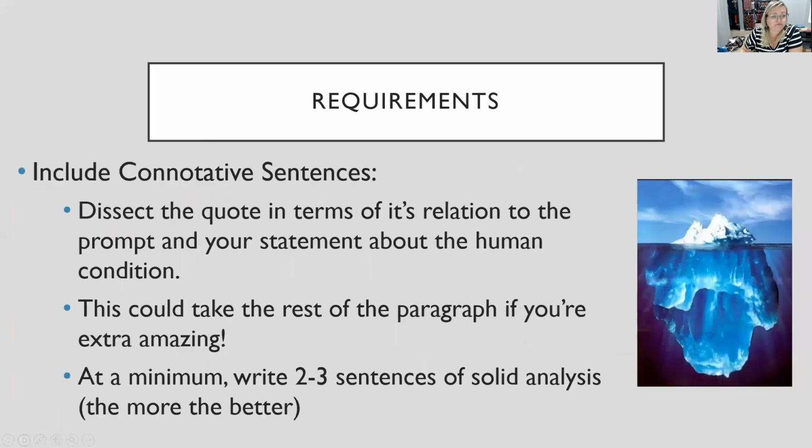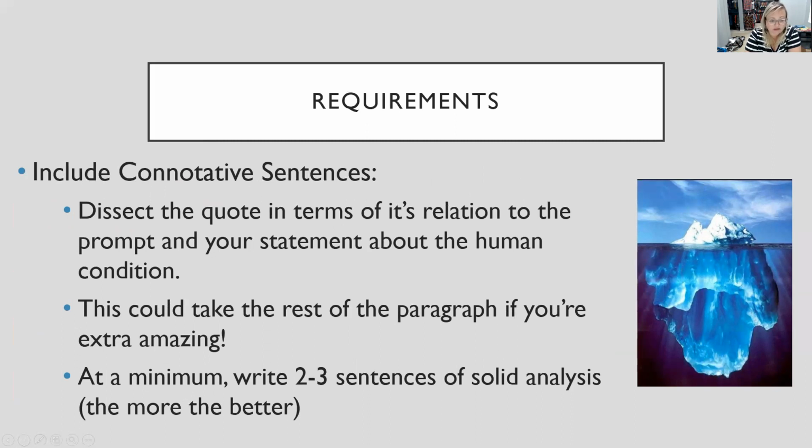All right. Connotative sentences. This is where the meat of your essay will be. If you look at the iceberg, that is everything down below. And that's what your paragraph is really going to look like. You've got a couple sentences up at the top, and then the rest of it is all going to be connotative in nature. So this is where you're going to dissect the quote in terms of its relation to the prompt and your statement about the human condition. And this obviously supports your thesis as well.